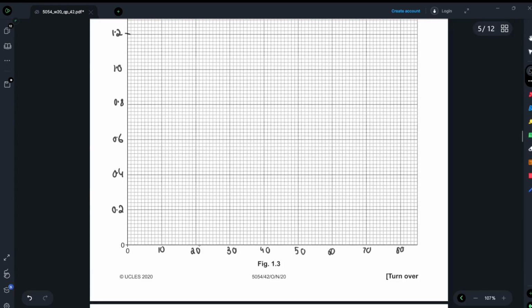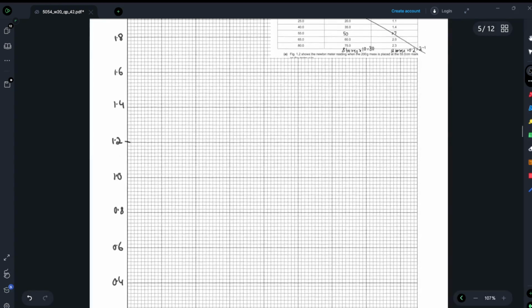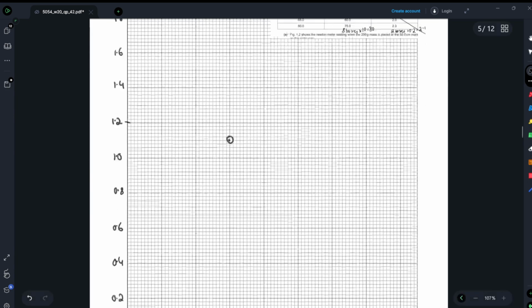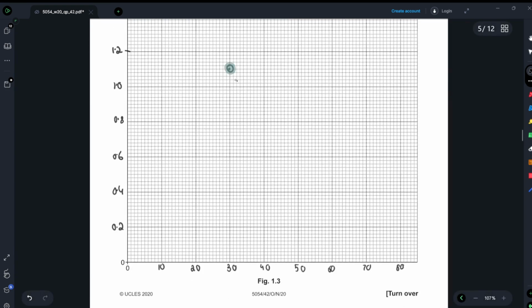So 20 and 1.1 is going to be right here. Take care. Then we've got 35. So 10, 20. Oopsie daisy, मैंने 30 पे बना दिया. So this right here is where 1.1 is going to be.